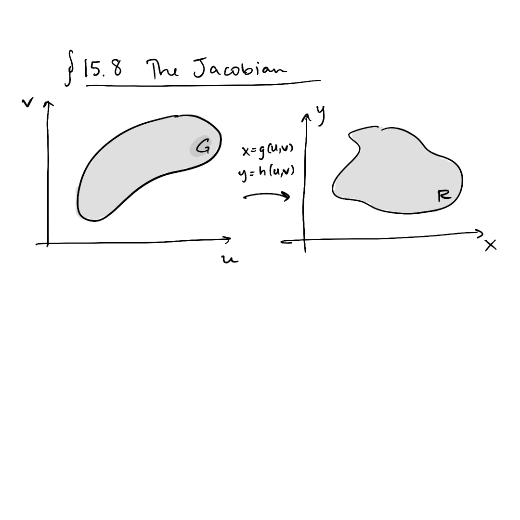You say a U comma V over there in the UV plane, and that tells you an X and a Y over here.